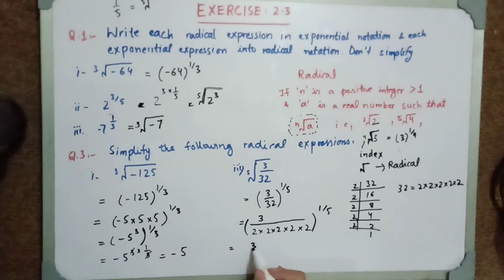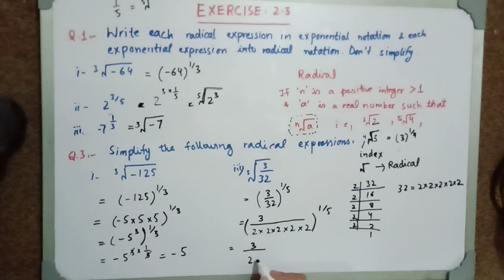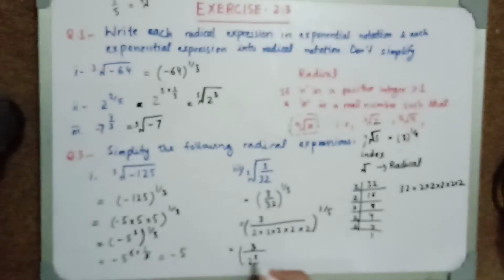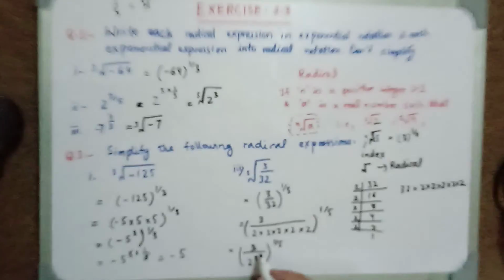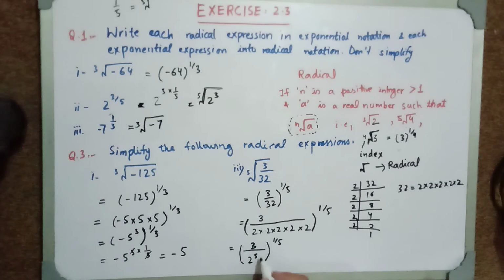Now this 2 is being multiplied 5 times, so the powers will be added, and we will get 2 raised to the power 5, and the whole power is 1 by 5. This whole power 1 by 5 means it's the power of this 3 as well as the power of this 2 raised to the power 5. So let's write it with both of these into 1 by 5.